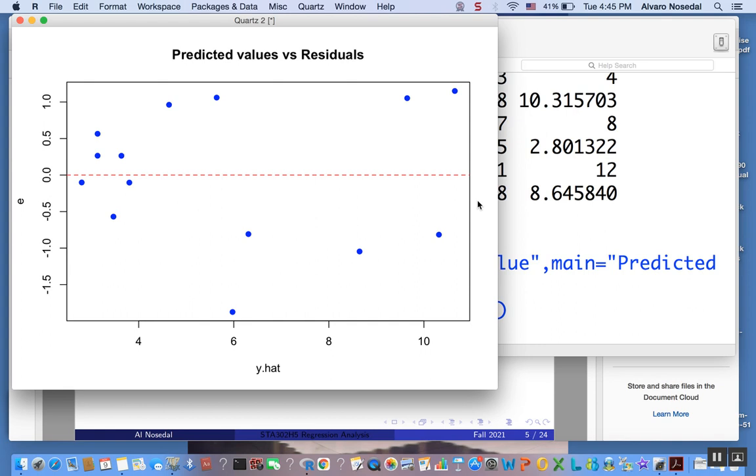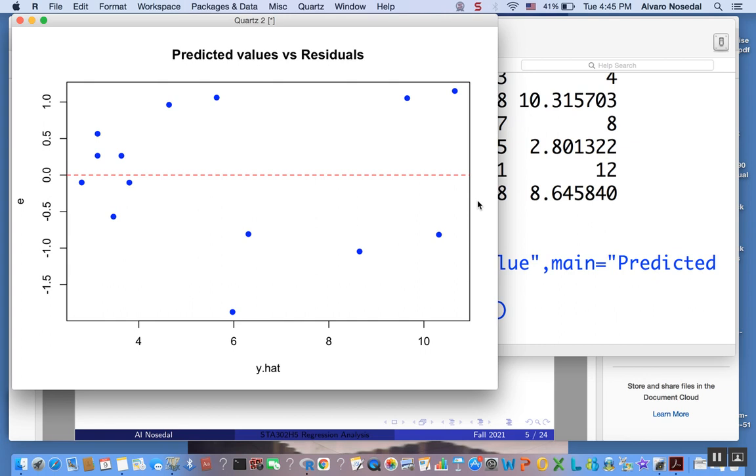Okay, so that's as far as independence goes. Then the normality. To assess the normality of the errors, what we did is we used QQ plots. Okay, and we know that that assumption is important because that distributional assumption for the errors has consequences for our inferential procedures, such as confidence intervals, prediction intervals, hypothesis tests.